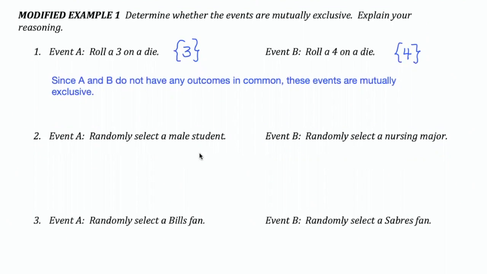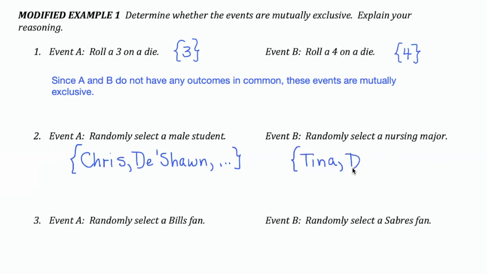In number 2, event A is randomly selecting a male student, event B is randomly selecting a nursing major. So suppose I have a classroom, and in that classroom, I have some male students. For example, I'm just going to choose names like maybe Chris or Deshaun, etc. And now suppose I list the students in my class who are nursing majors, and it might be Tina and maybe Deshaun and maybe Ella.